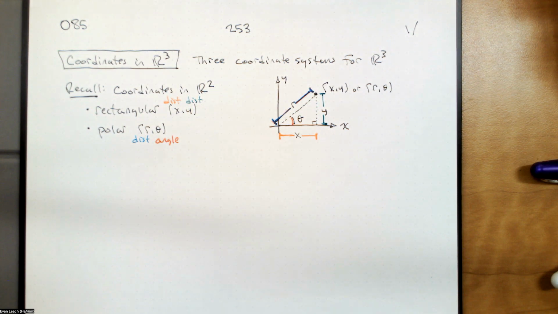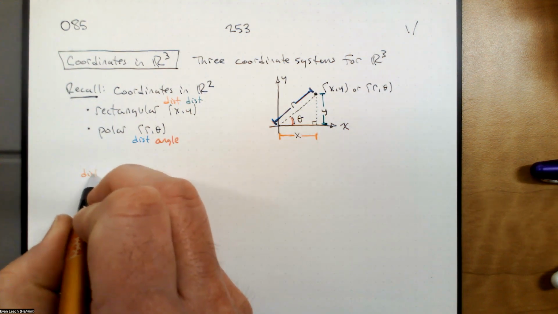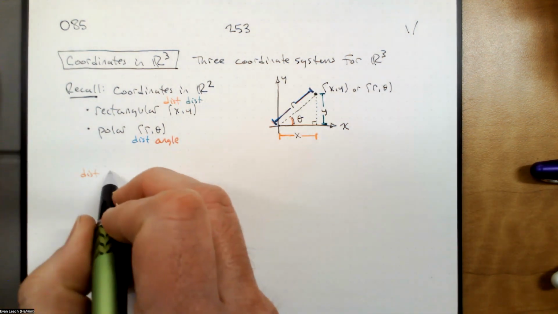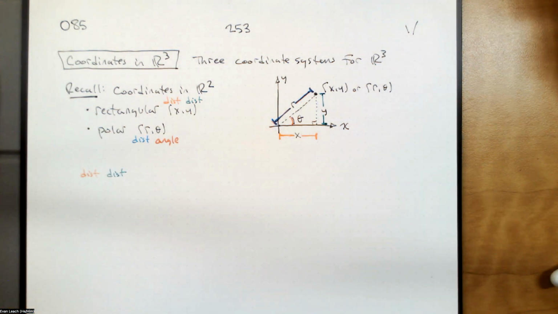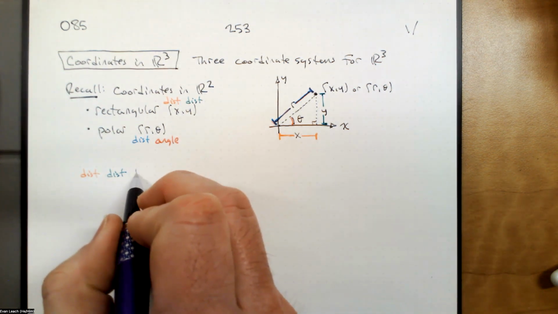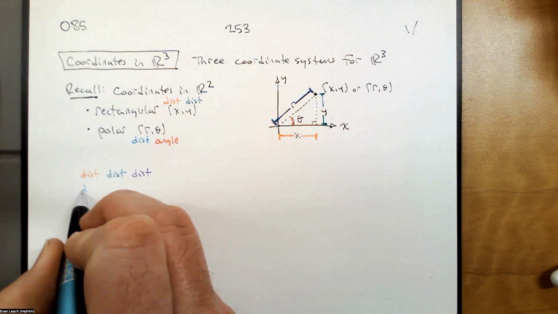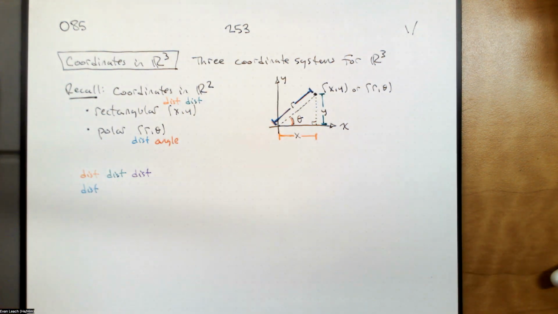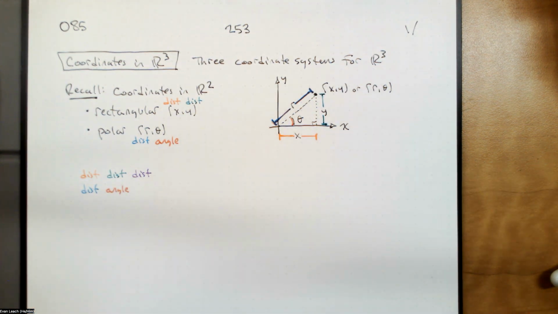We're going to have three coordinate systems for R3. Our possibilities are distance, distance, distance. Another possibility is distance, angle, distance.